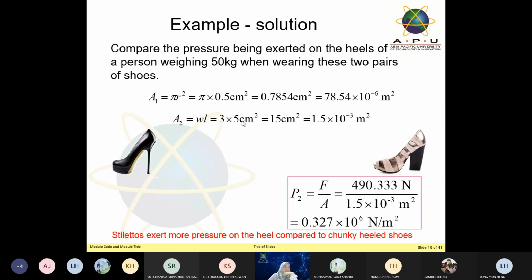Wrong. 15 centimeter, 1.5. Oh, the 15 no need the power of 2, is it? 15 centimeter. There's no need, right?